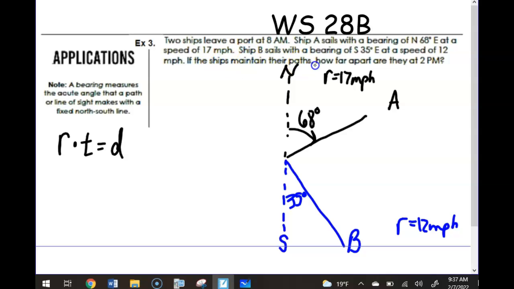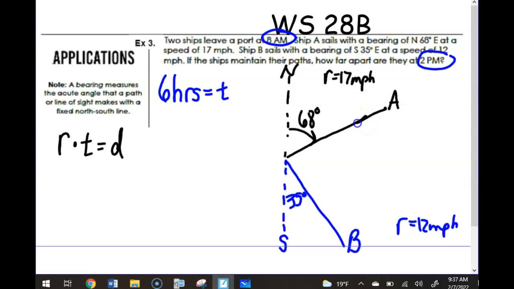If the ships maintain their paths, how far apart will they be at 2 p.m.? Okay, so 8 a.m. to 2 p.m., anybody? How many hours is that? 6 hours, okay? So can we first of all figure out how far ship A would get?